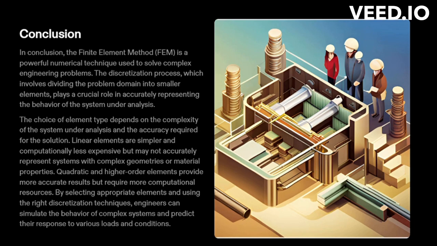Linear elements are simpler and computationally less expensive but may not accurately represent systems with complex geometries or material properties. Quadratic and higher order elements provide more accurate results but require more computational resources. By selecting appropriate elements and using the right discretization technique, engineers can simulate the behavior of complex systems and predict the response to various loads and conditions.